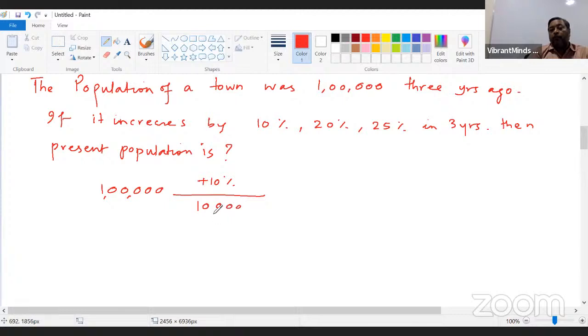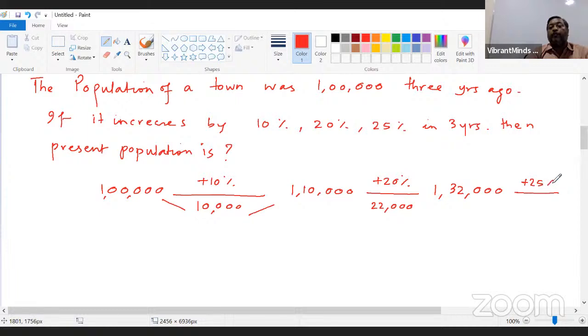Adding this, we get 1,10,000. Again an increase of 20%. So 10% is 11,000, 20% is 22,000. When you add, what you get is 1,32,000.